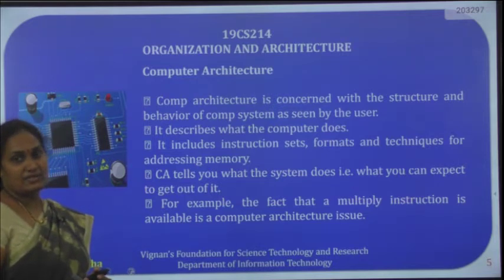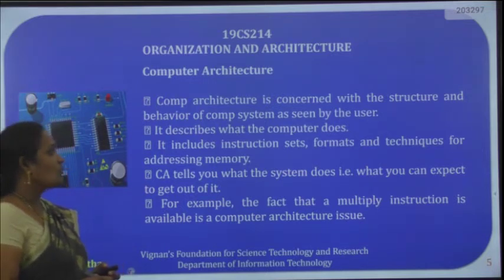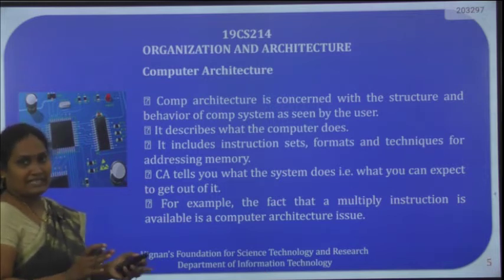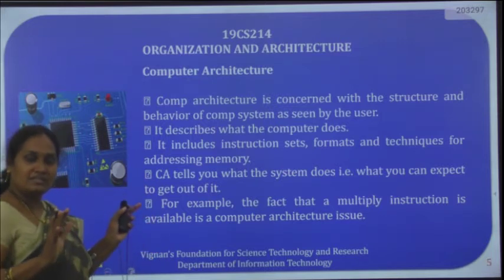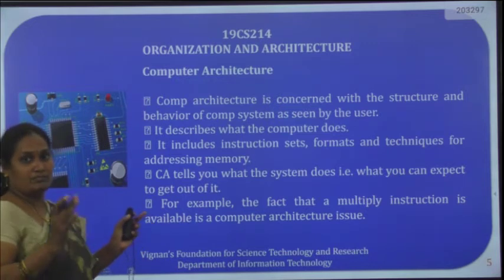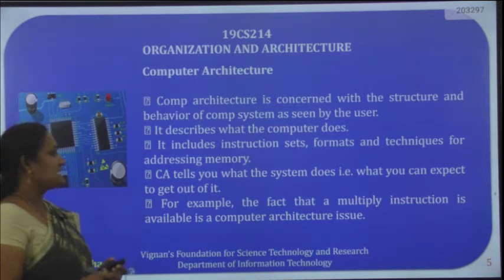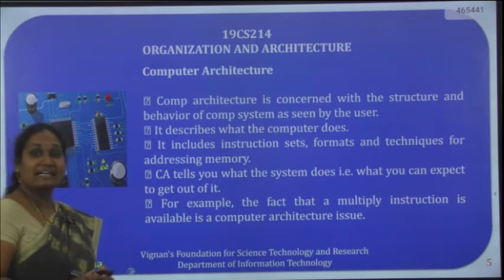The techniques that we use for addressing memory are, for example, direct addressing and indirect addressing. Computer architecture tells you what the system does, that is, what you can expect to get out of it. The best example for computer architecture is that whether a multiply instruction is available is a computer architecture issue.